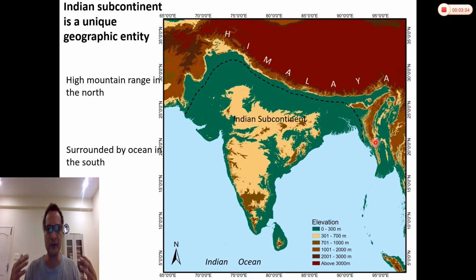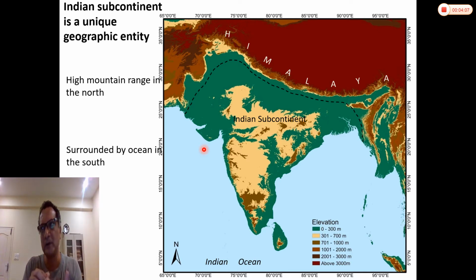It's a really high mountain range with climatic conditions that are very severe compared to the rest of India. So it's a wall that surrounds India, and to the south, India is surrounded by the Indian Ocean. So in a way, this subcontinent, after collision and rising of the Himalayas, was physically separated from the rest of Asia. So it sort of became an island again.